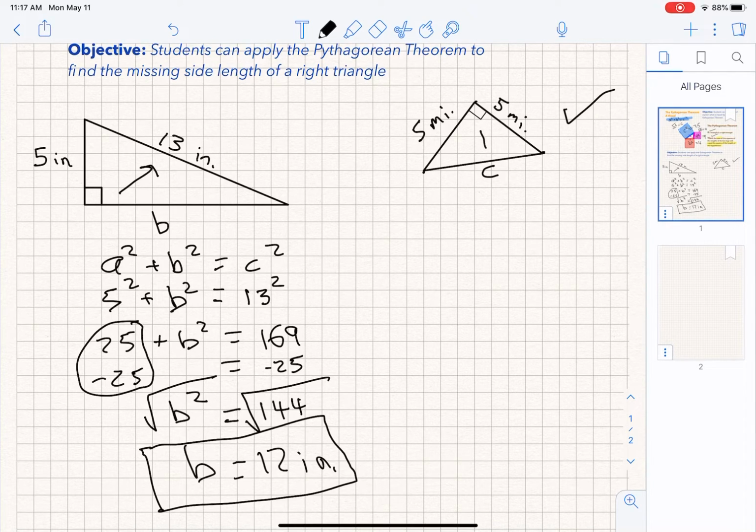All right, so the first thing to notice on this one is that, again, the side C, and here I've drawn a situation where maybe it's not so obvious. The side C, you can notice that it's labeled over here, and you also know that it's the hypotenuse because it's opposite the right angle. What am I going to do first? Well, always write down your formula.